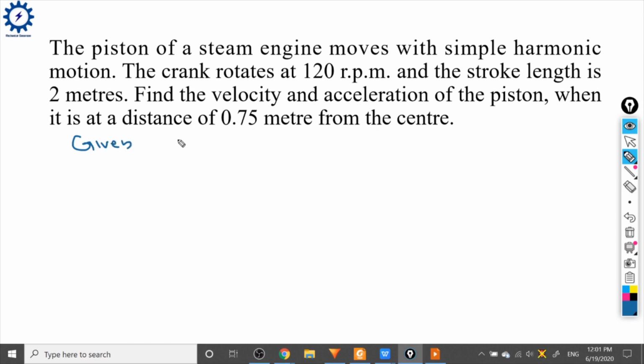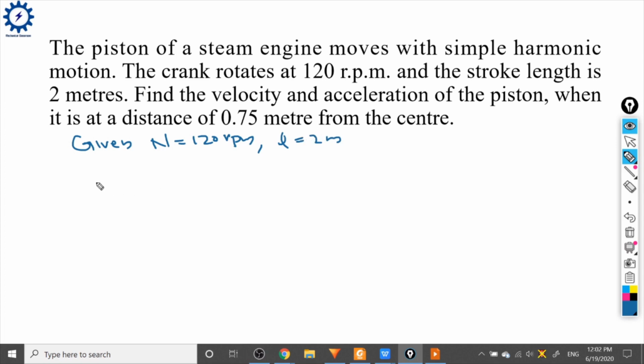Given, frequency of the piston n equal to 120 rpm, stroke length L equal to 2 meter. Find the velocity and acceleration of the piston.